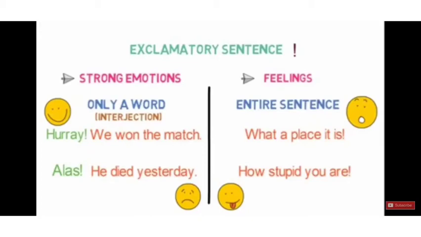Next for category 2, the whole sentence is in exclamatory form. Now let's look into some examples. How stupid you are! What a place it is! Let's understand some feelings and emotion in all these examples.